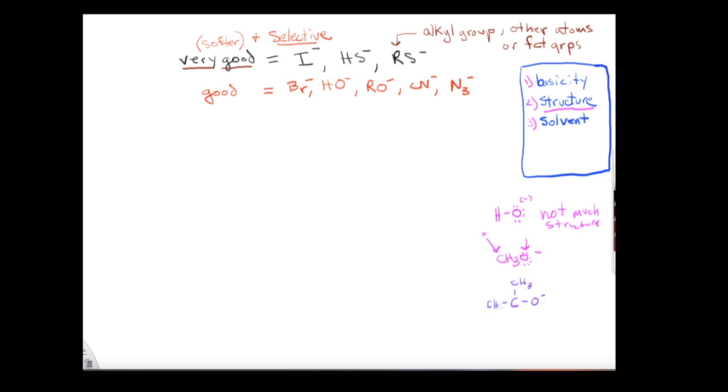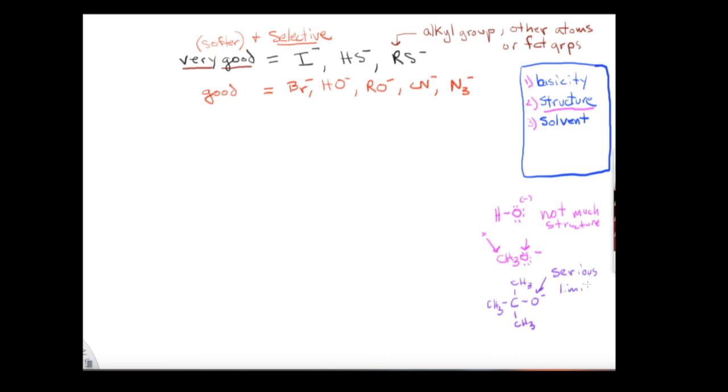So this would be tertiary butoxide, t-butoxide. And now there is a tremendous amount of structure around this carbon that's bonded to the O minus. So this nucleophile now would have serious limitations.